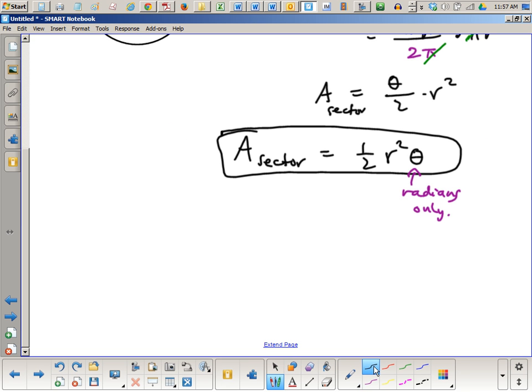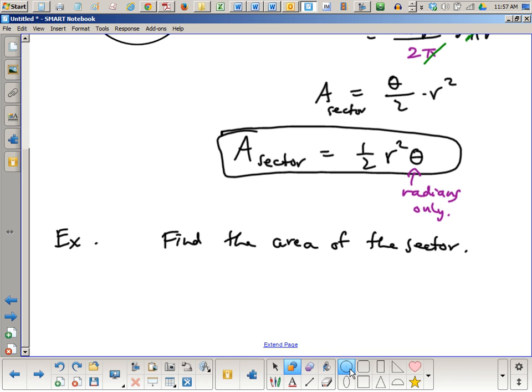Okay, so let's try an example real quick. Let's say I said find the area of the sector, and let's just say that this is a 200 degree central angle.